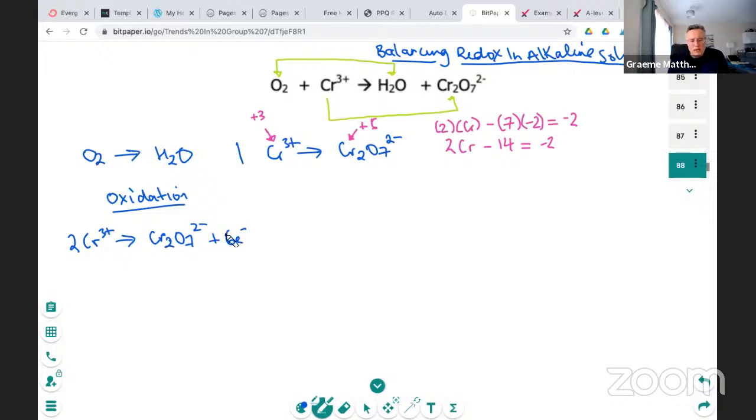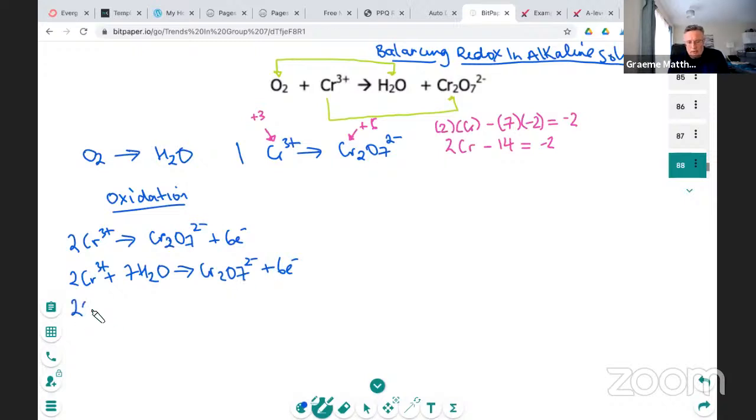Okay, let's see. So now I've got to add in some water. I've got 7 oxygens on this side. So it would be 2 Cr3+ and 7 H2O going to Cr2O7 2- and 6 electrons. 7 times 2 is 14 hydrogens on the left, so I need to add 14 hydrogens on the right.